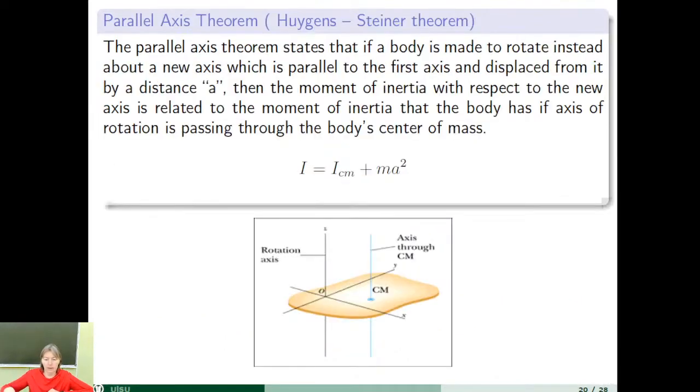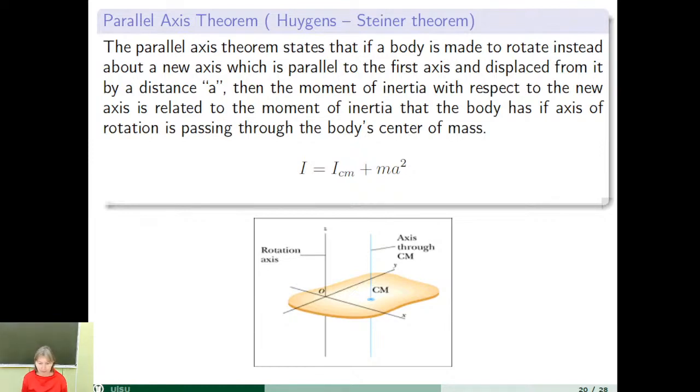And then, very important, the parallel axis theorem. The parallel axis theorem relates the rotational inertia of a body about any axis to that of the same body about a parallel axis through the center of mass.